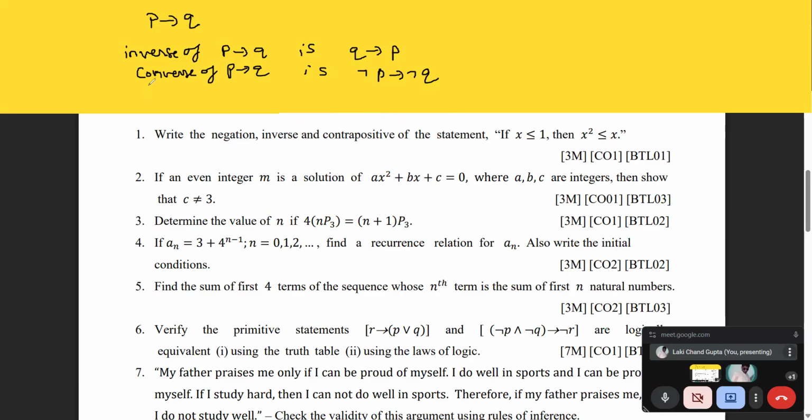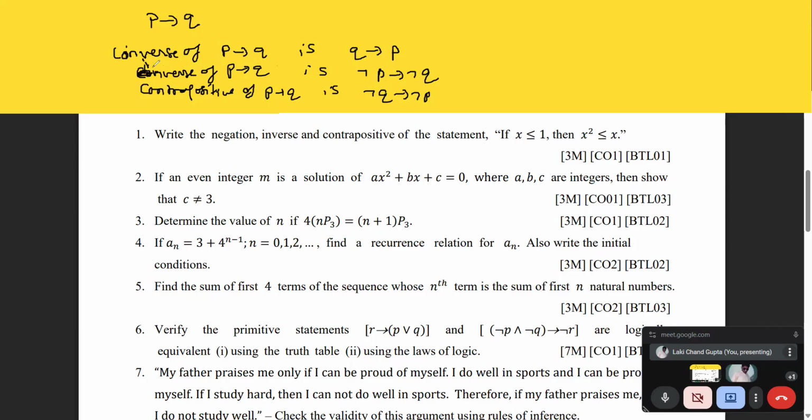Negation, I tell you. Contrapositive. See, this is converse. This is inverse.